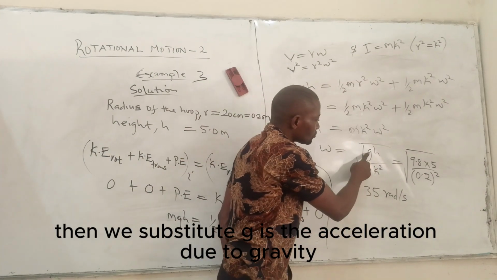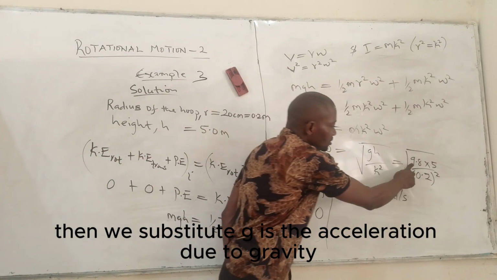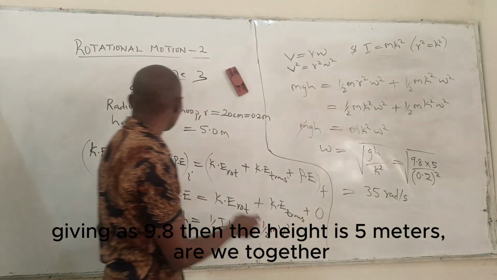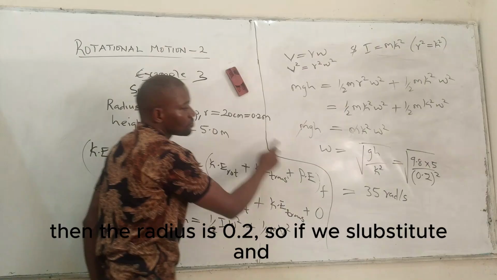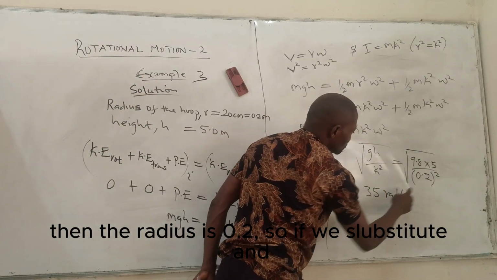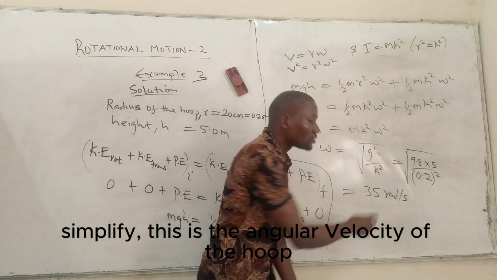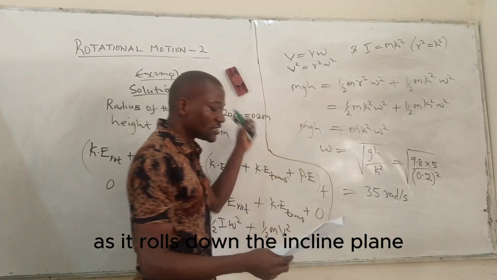Then we substitute. G is the acceleration due to gravity, giving us 9.8. Then the height is 5 meters. Are we together? Then the radius is 0.2. So if we substitute and simplify, this is the angular velocity of the hoop as it rolls down the inclined plane.